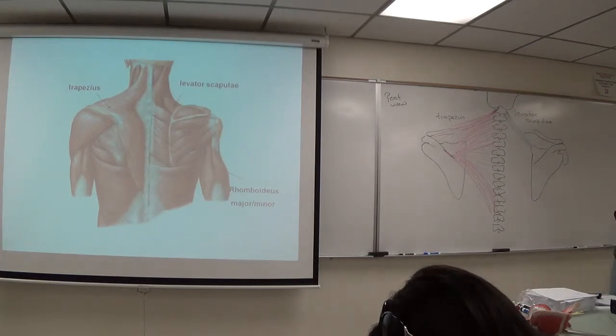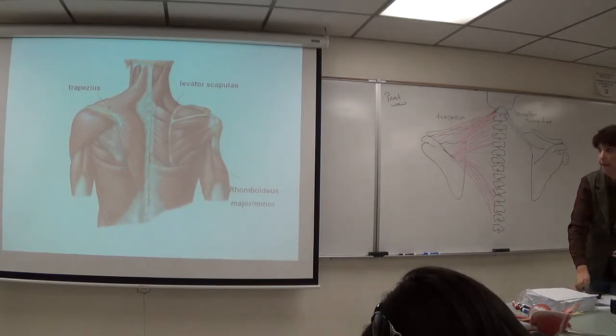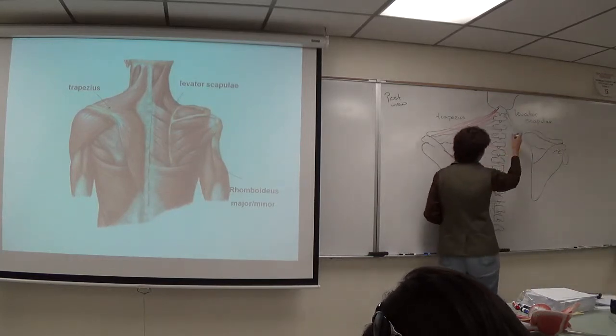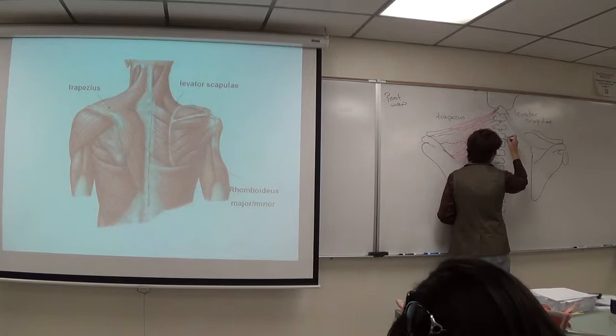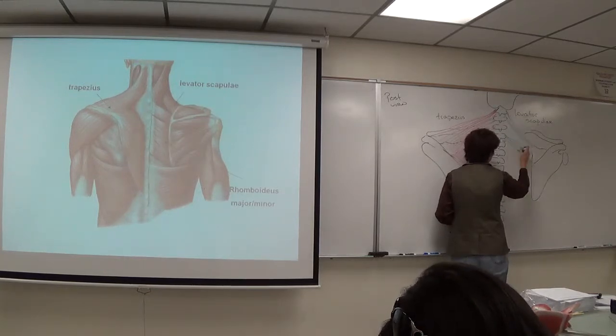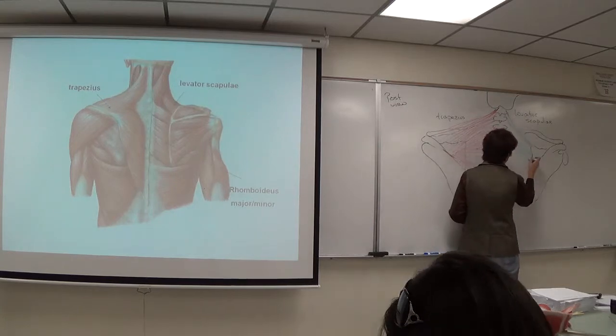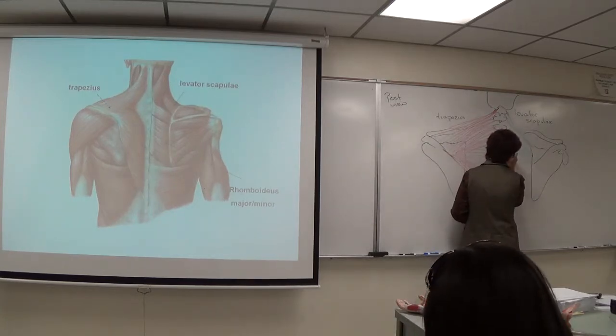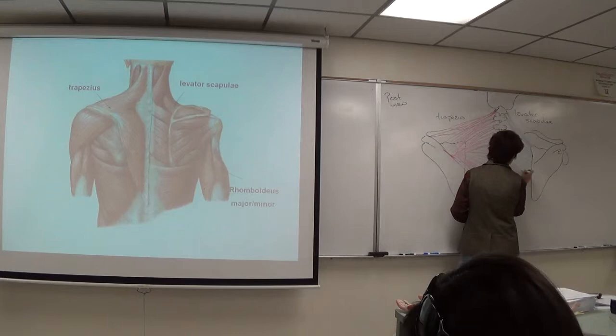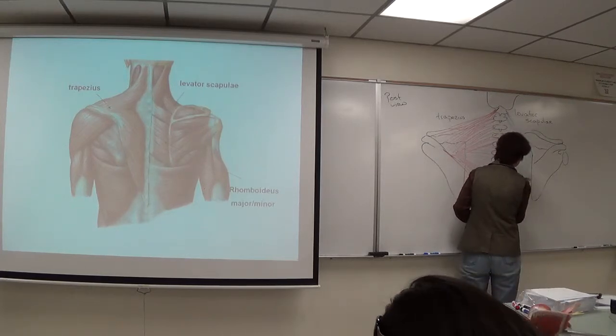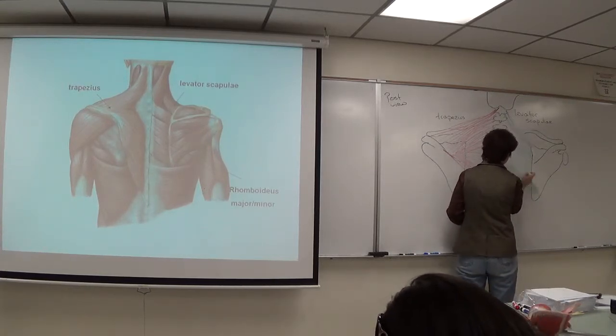So the rhomboideus muscles will also help to keep the scapula flattened or protracted up against the ribs. And we have two sets, from vertebra to medial border. We have the rhomboideus minor, and then there's a small gap, and again we have another muscle, same name, that runs down the rest of the scapula, and that's rhomboideus major.